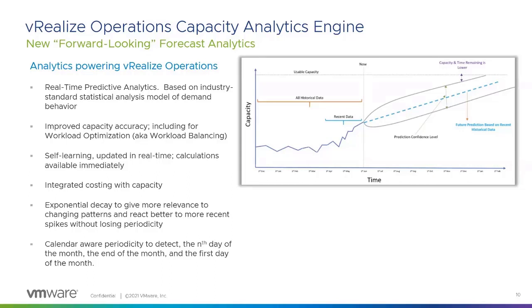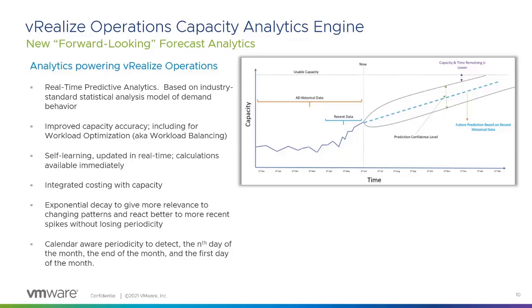Every 5 minutes, a new data point comes in, and then the projections get updated to figure out what the system thinks this workload will do into the future. This is something we call real time because it redoes the analytics every time a new data point comes in, every 5 minutes, and it adapts and learns to the behavior of the workloads over time.